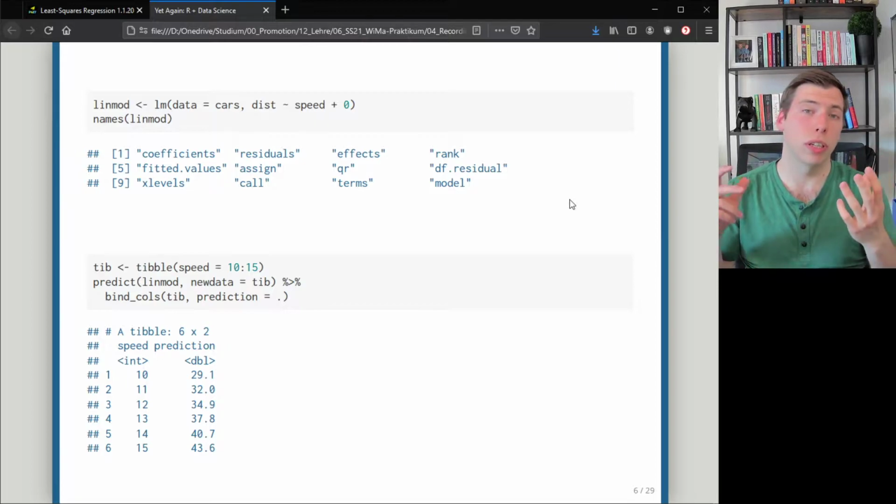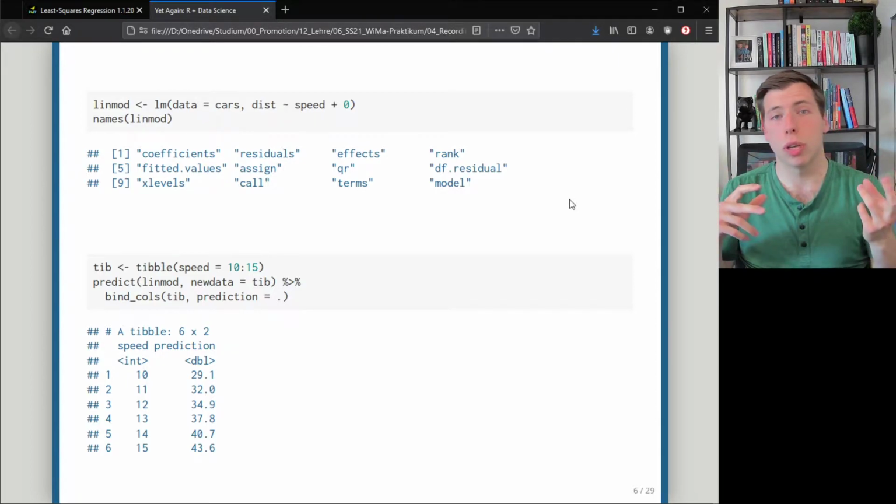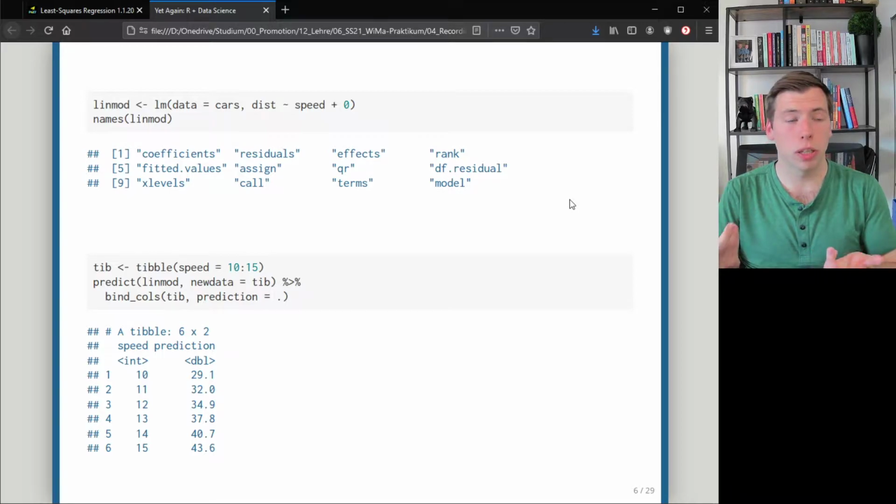So it's not only that you get the coefficients, but you also get a whole bunch of other information, and all of that combined is what is called a linear model object in R. So lm returns a linear model object.